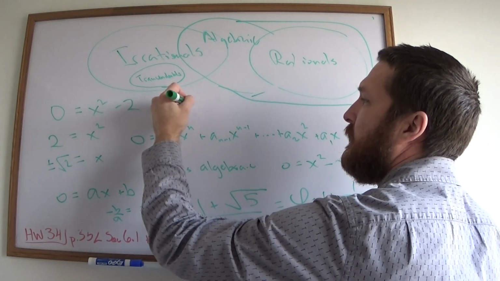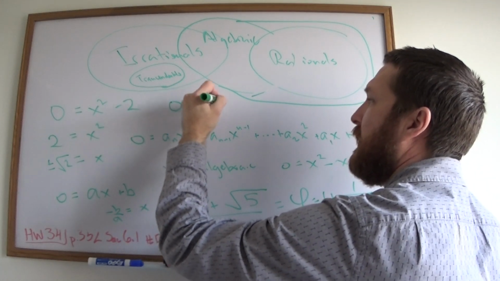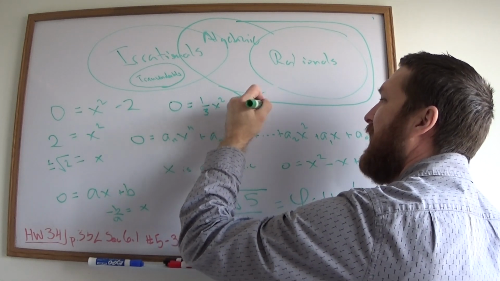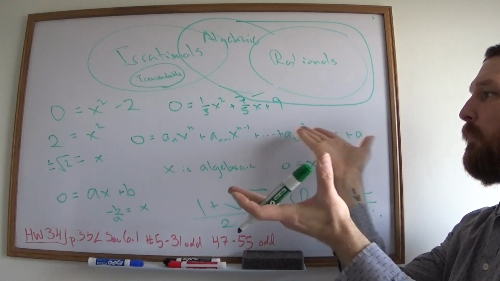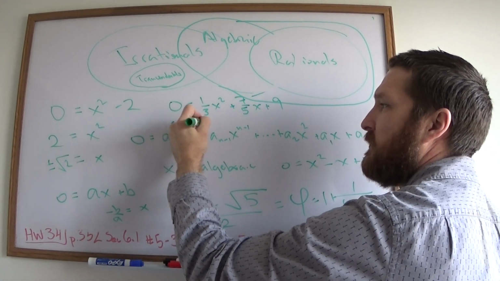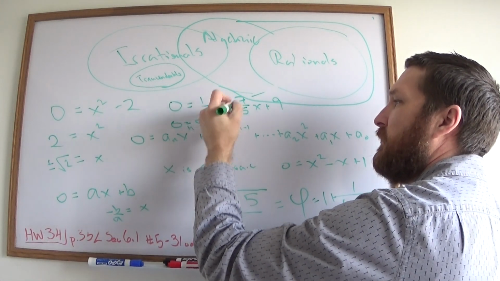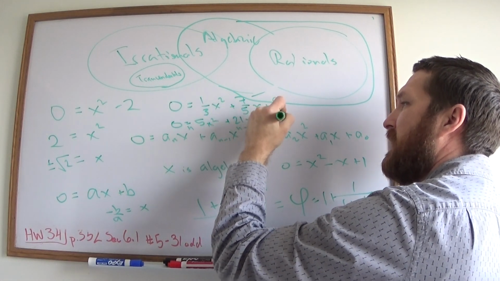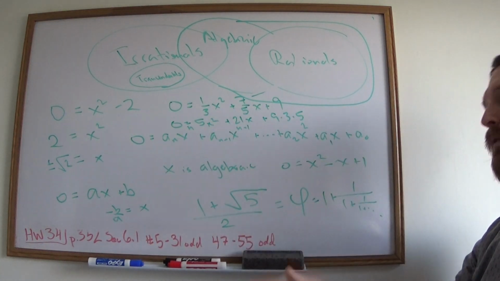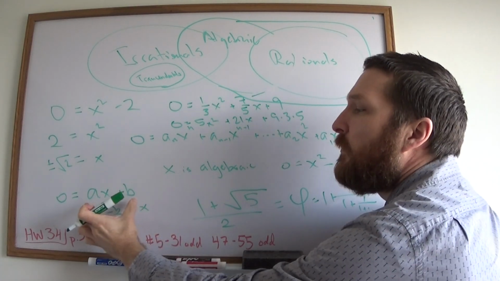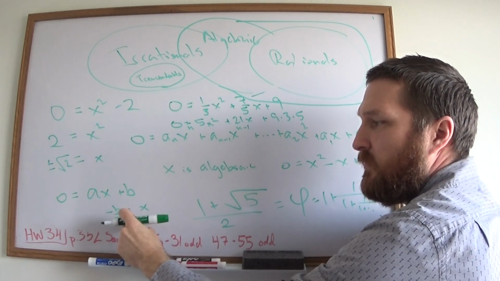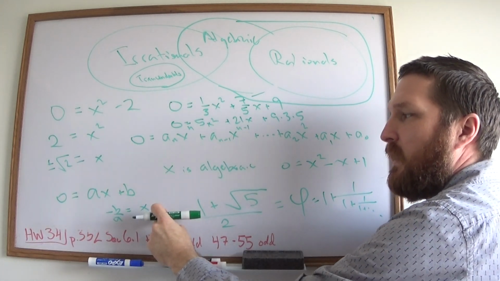Give me any 0 equals 1/3 x squared plus 7/5 x plus 9. Just multiply through by 3 times 5, and you'll get 0 equals 5x squared plus 21x plus 45. You could rewrite your rational in terms of integer coefficients, so whatever, it doesn't matter. The point is, you have rational coefficients. So all rational numbers are algebraic.